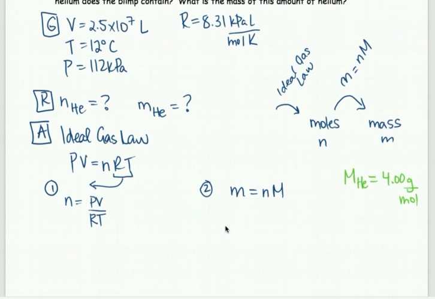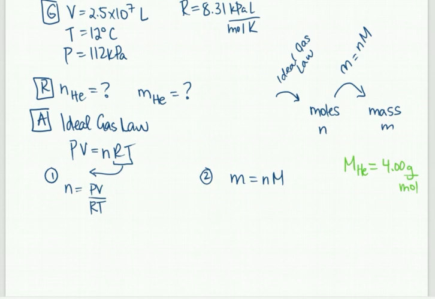Okay, so let's put our plan into action. Given, required, action, analyze, and solve. That's what GRASP stands for, and P will be paraphrase, like make a therefore statement. So we have our ideal gas law equation, and we're assuming that this gas has ideal gas law properties in order to calculate some information.